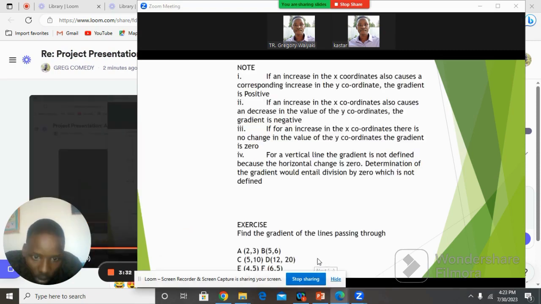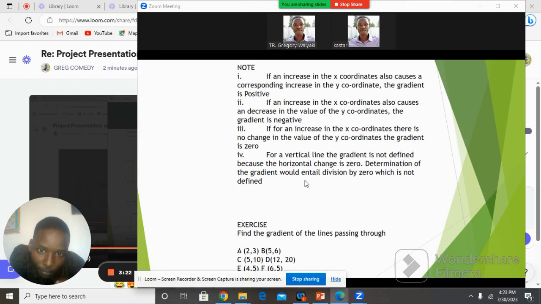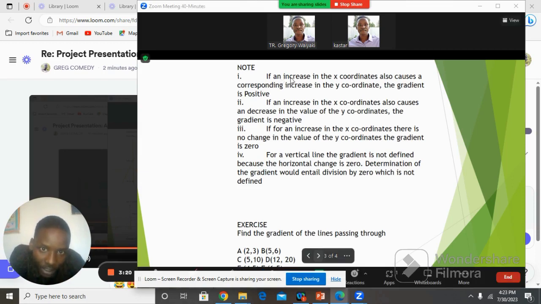Then we get to something very important, something that we should note, whereby we have four statements. We are told that if an increase in the x coordinate also causes a corresponding increase in the y coordinate, the gradient is always positive.